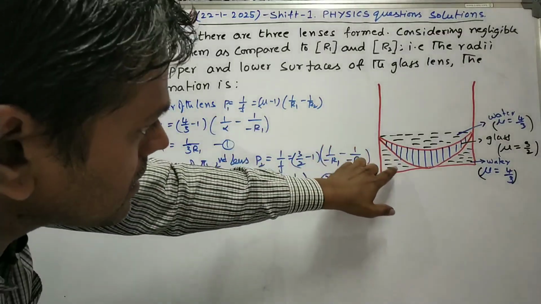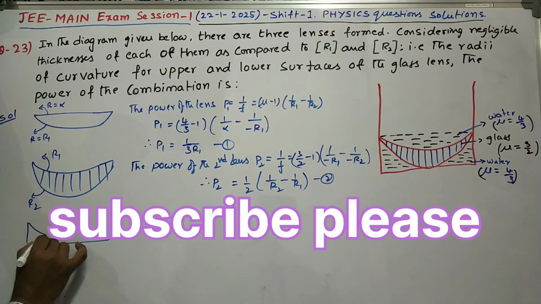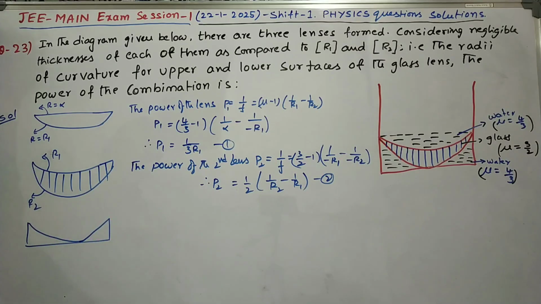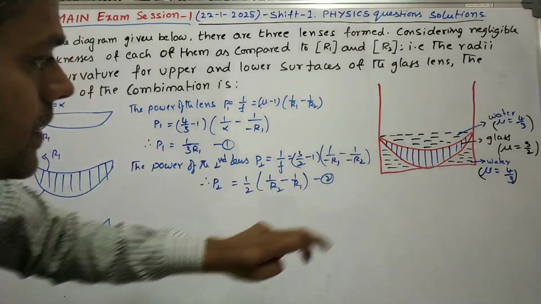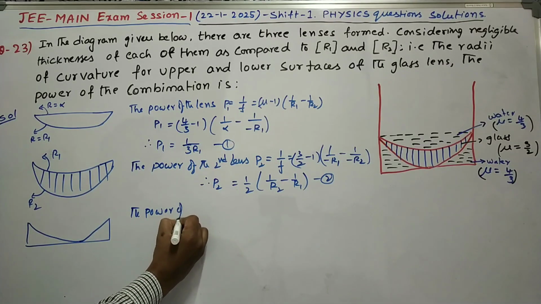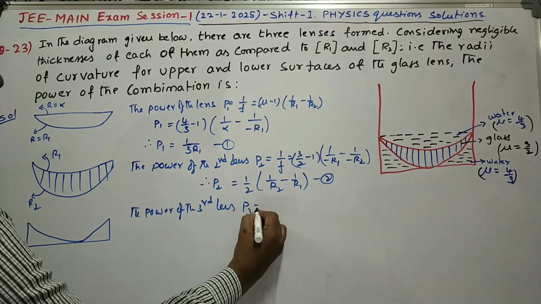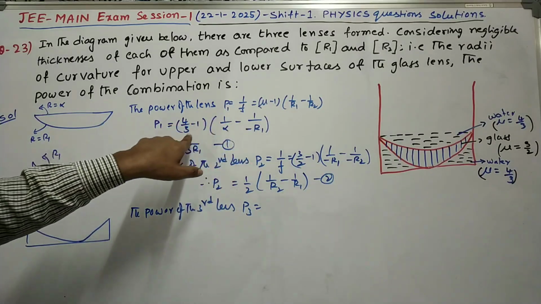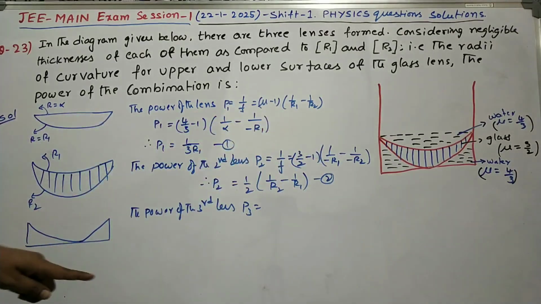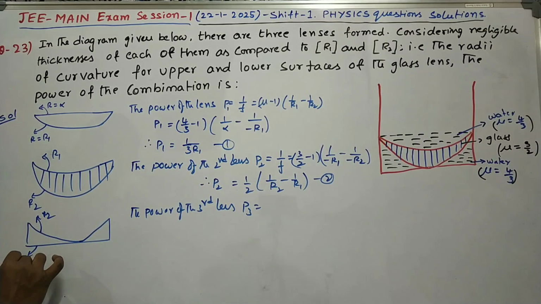Next, this is the third lens. So the power of the third lens, P3, is equal to the same, mu minus 1 into 1 by R1 minus 1 by R2. So this is R2, and this is infinity, its radius of curvature is infinity.